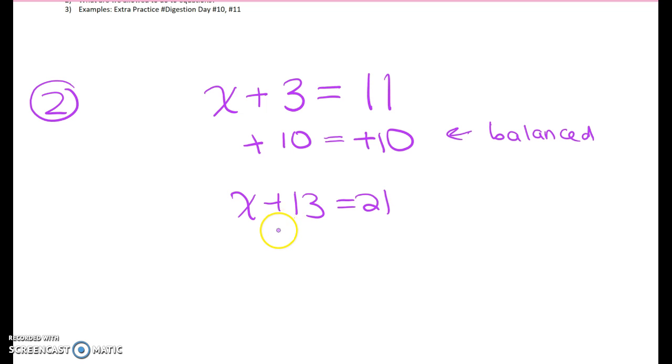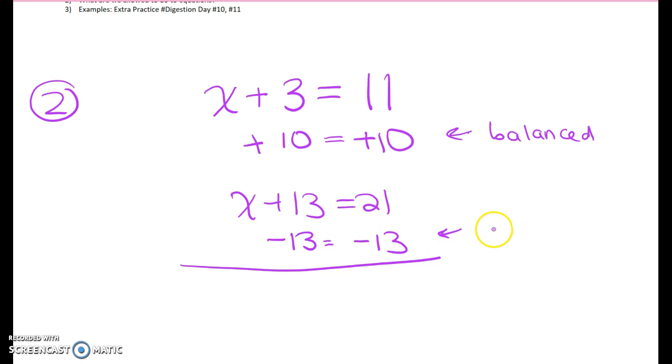Am I allowed to subtract from both sides? I am. I can subtract 13 from both sides. And that's also an equation, also balanced, and that not only is a thing I'm allowed to do, it also gives me my solution.